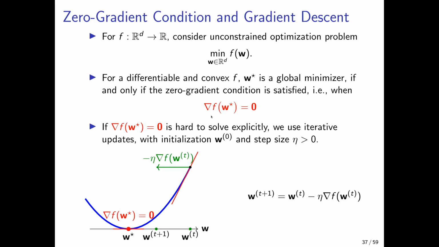So once again, the starting point is the zero gradient condition. We have this gradient of f, put it to 0, and ideally, if it's an easy problem, we can solve it explicitly and just get the minimizer. But sometimes this may not be so easy, or impossible, or very computationally expensive, and we might instead try gradient descent.